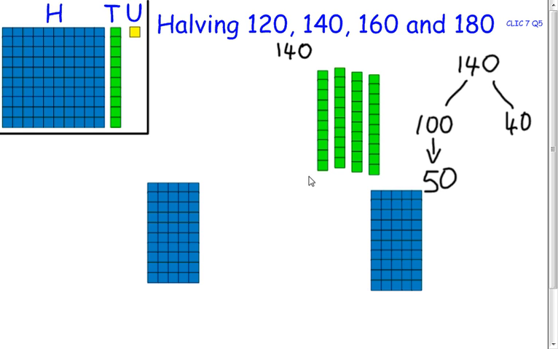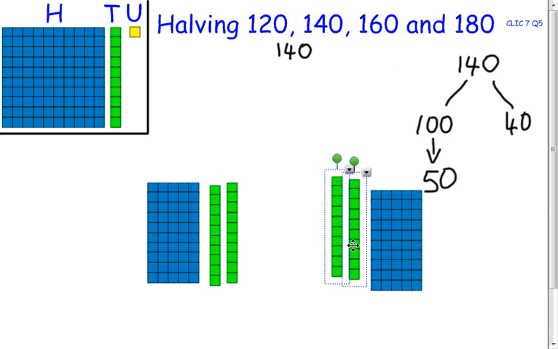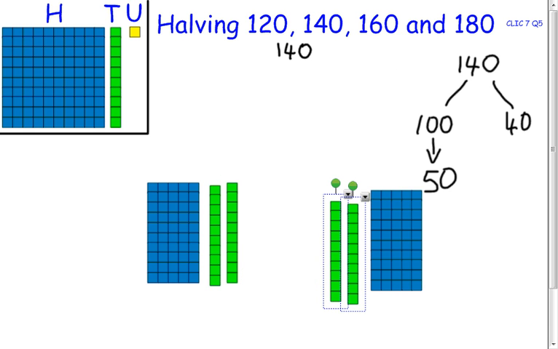What should we do with the 4 tens? So we'll put 2 tens with that 50 and 2 tens with that 50. So we can now write down what is half of 40? 20. Now, how much have we got here? 70. Well done. And how much have we got here? 70.